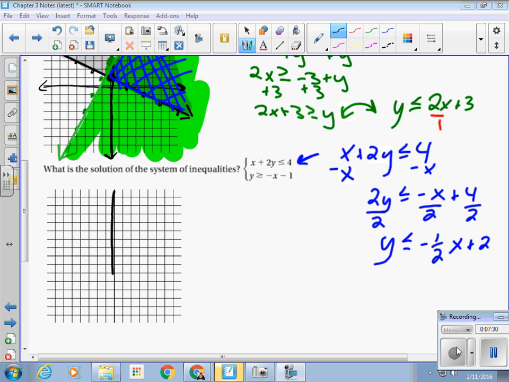All right, so we're going to put that on our graph. Here's our x and y axis. So we're going to start at positive 2, and we're going to go down 1 over 2.